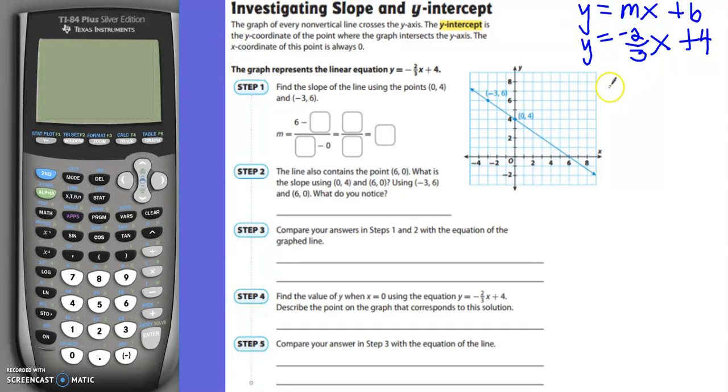The m, or the slope, is negative 2/3. The b is 4. So if we take a look at this picture from a graphic standpoint, we intersect the y-axis at 4.